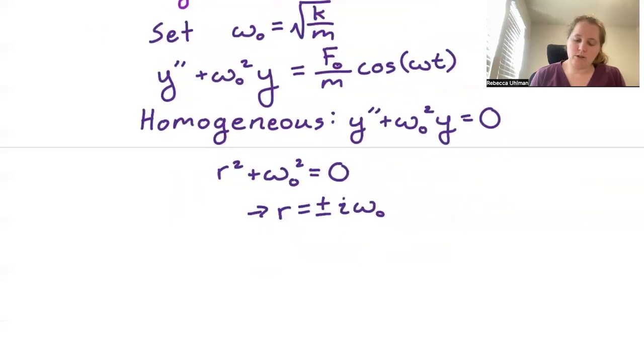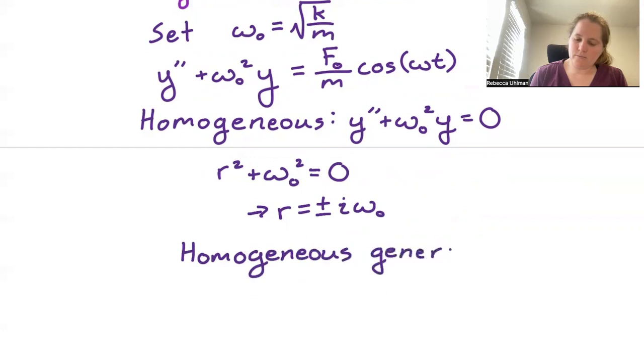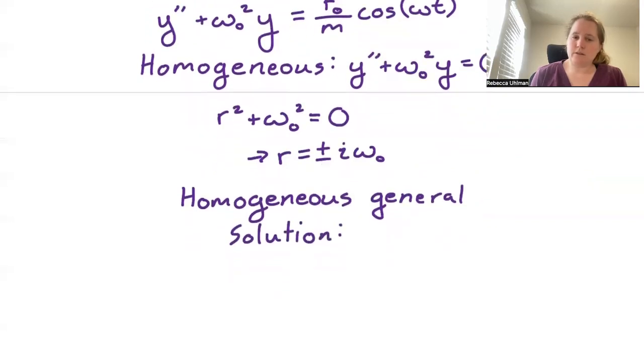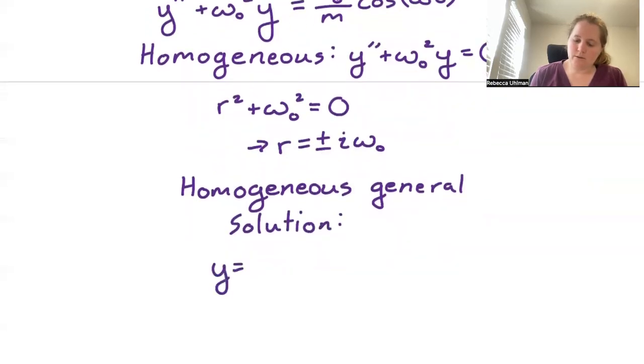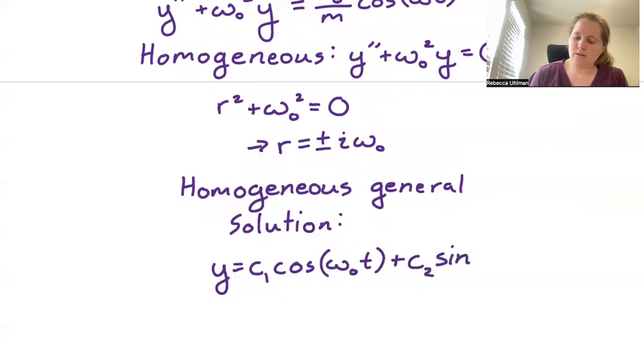And so our homogeneous general solution is y is equal to C1 times cosine of omega naught t plus C2 times sine of omega naught t.